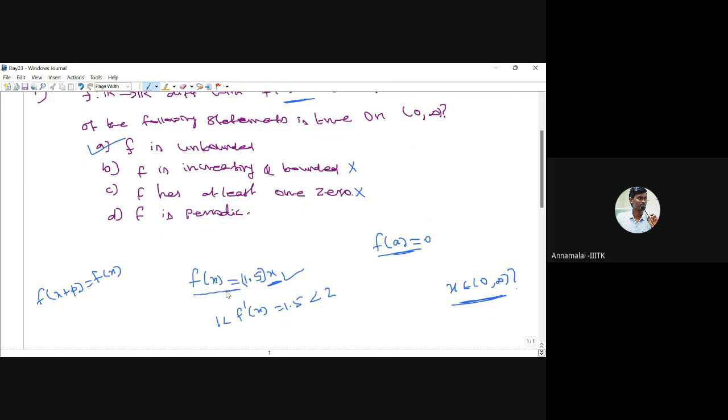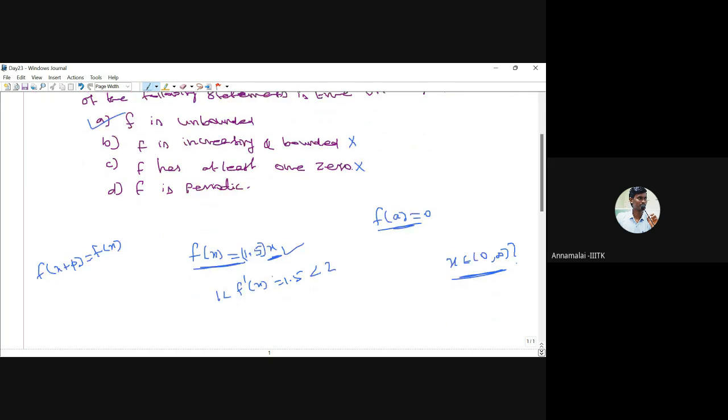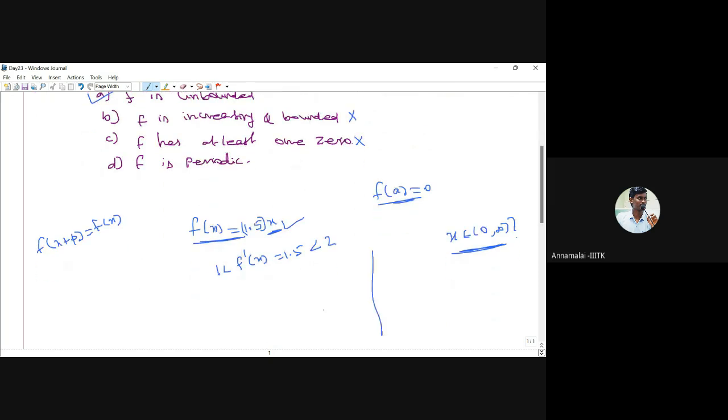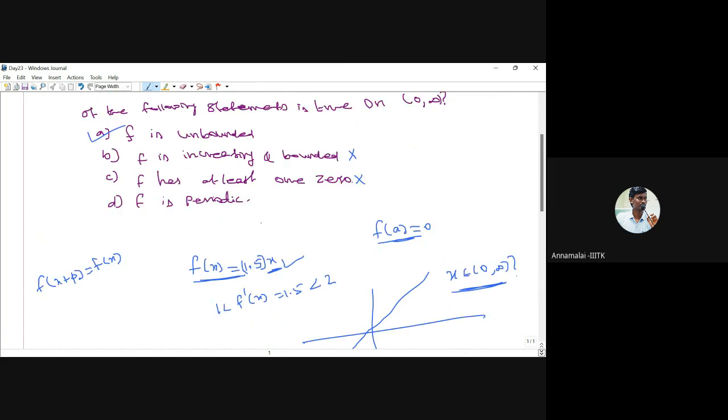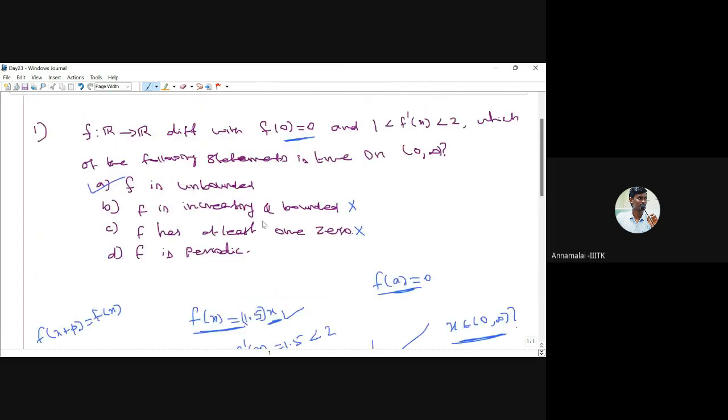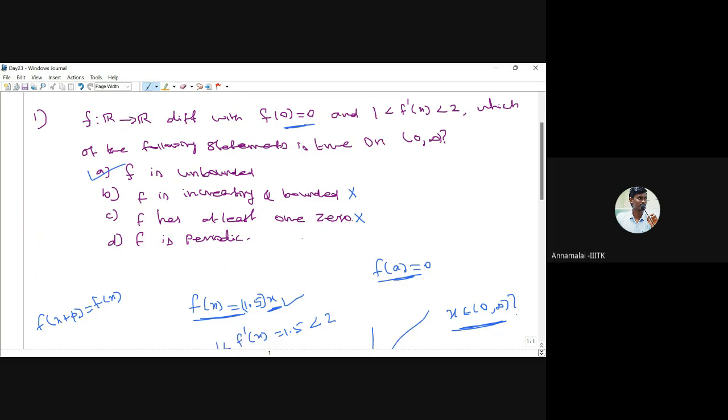But this function is just a line passing through the origin, increasing but not bounded. Since this function satisfies the given assumptions, no need to check all functions; we can produce one function satisfying them. Therefore, we can conclude that f is unbounded.